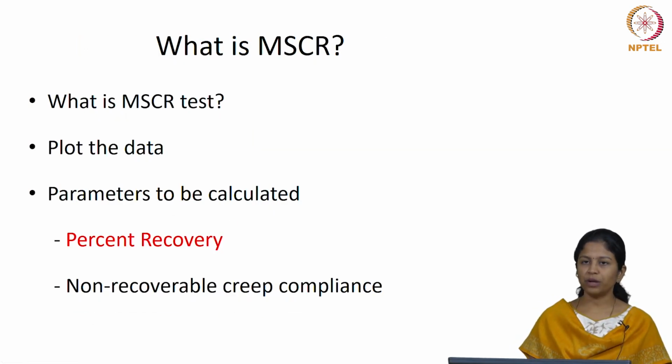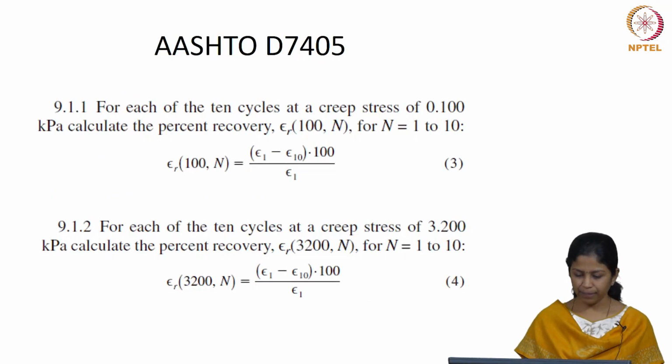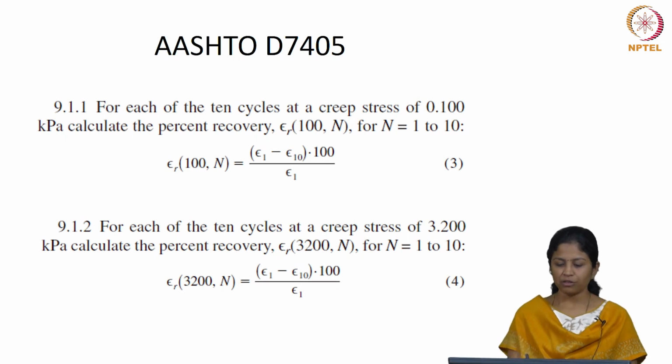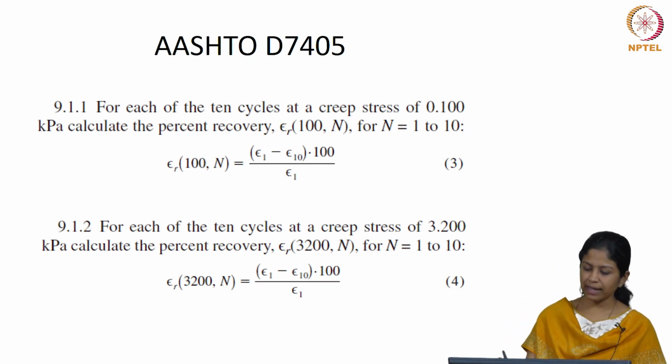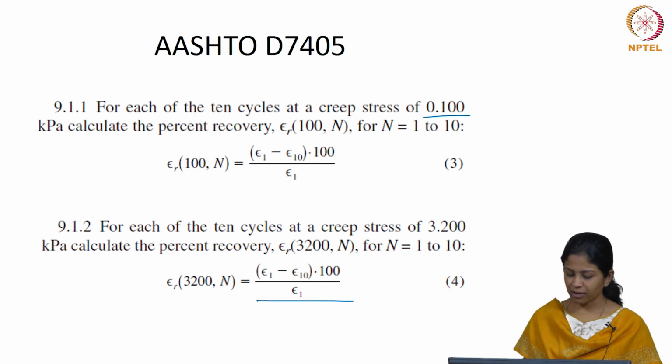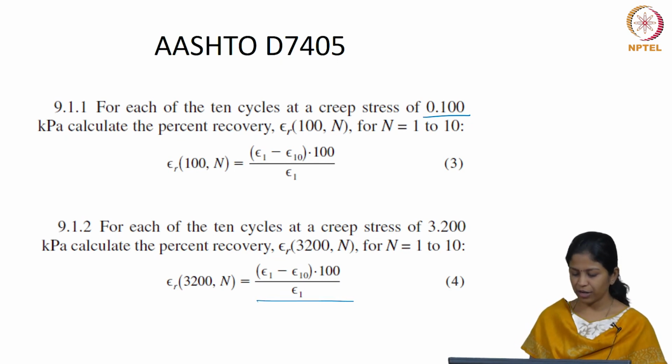So, the first one we look into is percent recovery. So, this is the snapshot from ASTM D7405. They have specified that for 10 cycles at a stress level of 0.1 kilopascal, we calculate percentage recovery like this, and for the 10 cycles at 3200 pascals or 3.2 kilopascal, we calculate the percent recovery using this formula.